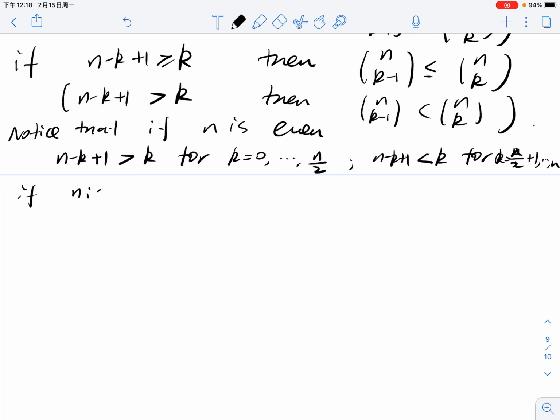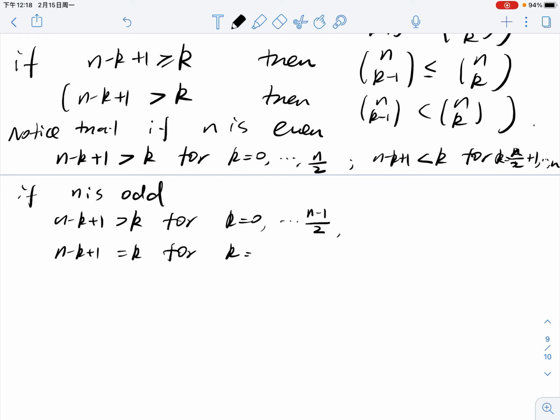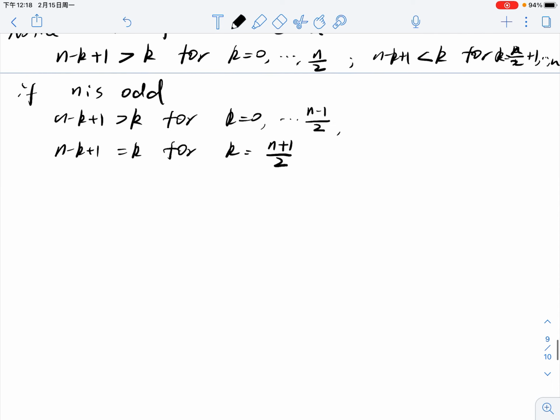If n is odd, n minus k plus 1 is greater than k for k from 0 to n minus 1 divided by 2, and n minus k plus 1 equals k for k equals n plus 1 divided by 2, and less than k for k equals n plus 1 divided by 2 plus 1 all the way to n.